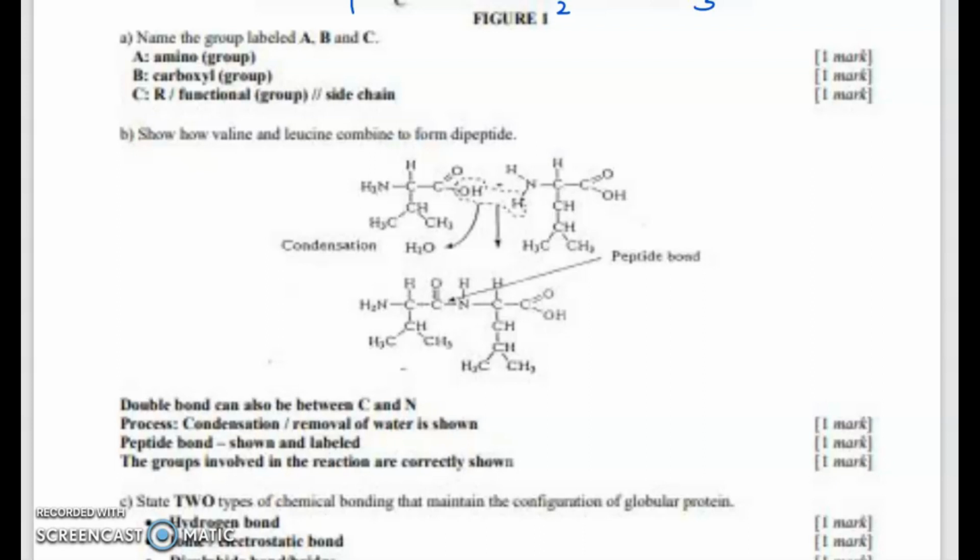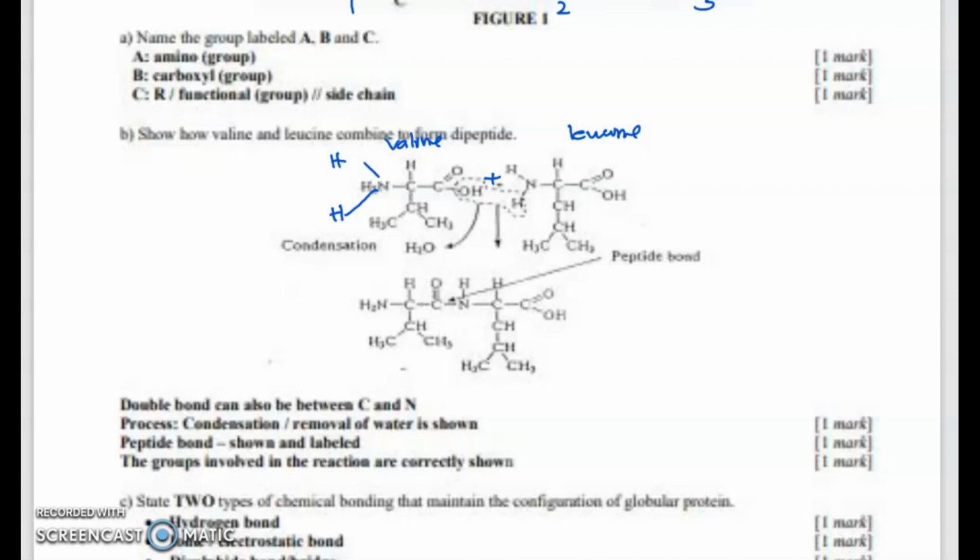This one lebih bagus kalau kamu tukarkan dia kepada general structure begitu. And then tunjukkan, labelkan. Ini adalah valine, plus leucine. Hanya follow sahaja. But remember, the reaction only involves carboxyl group and amino group.